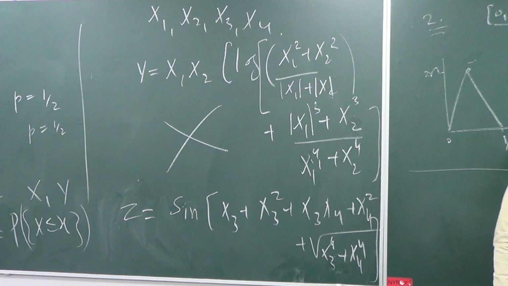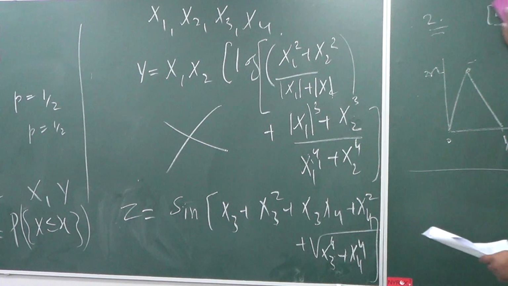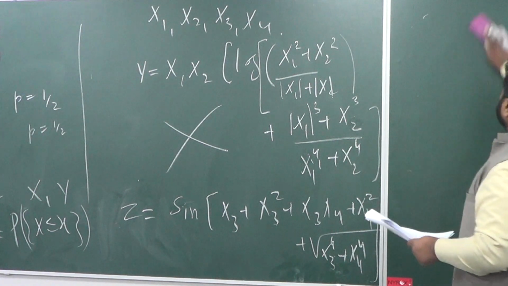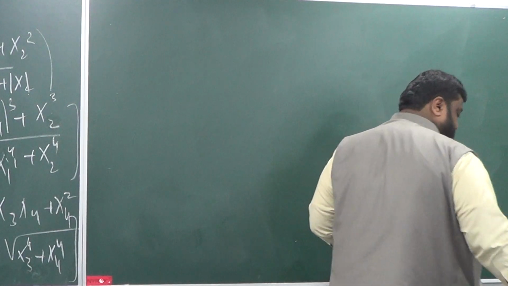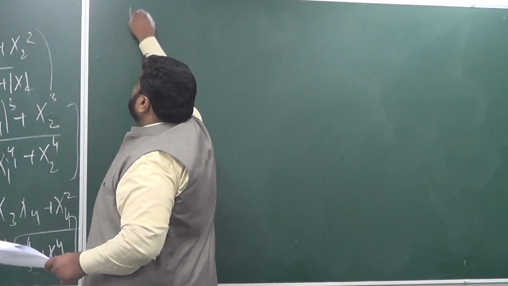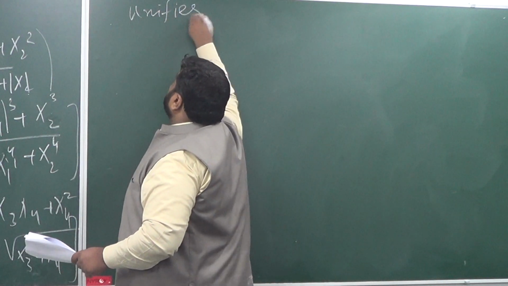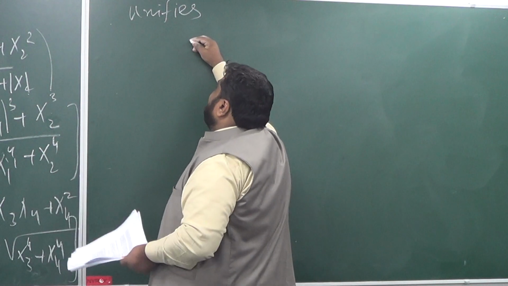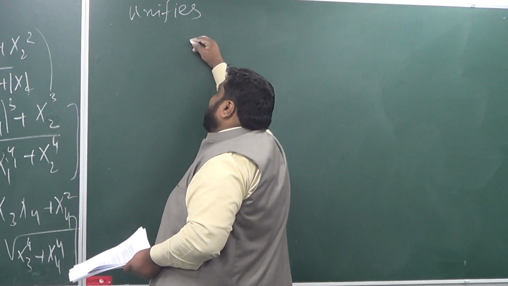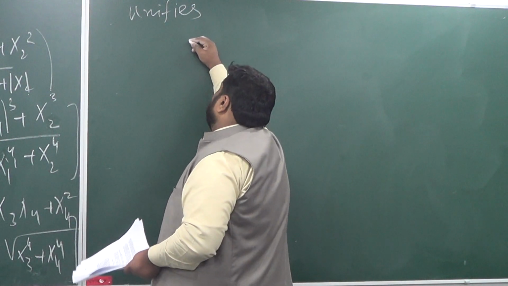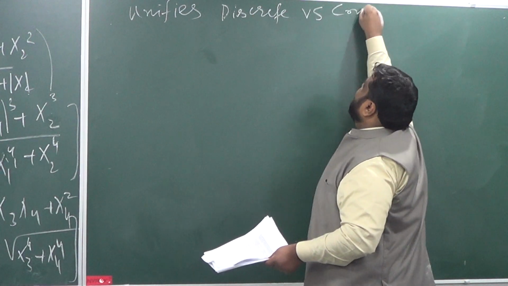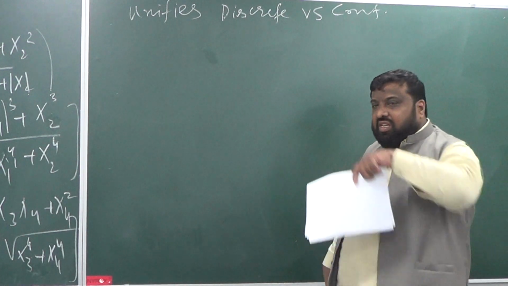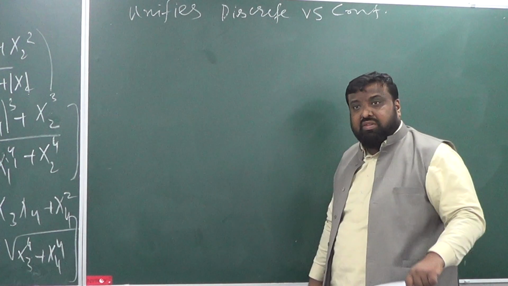The other thing, as I said earlier, is that the measure theory or the measure theoretic probability unifies discrete versus continuous probability theory.